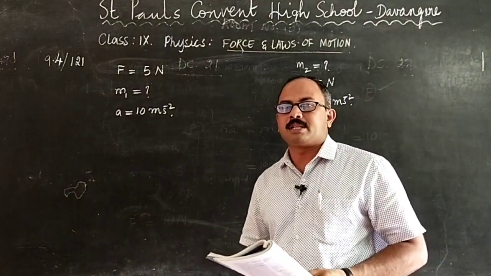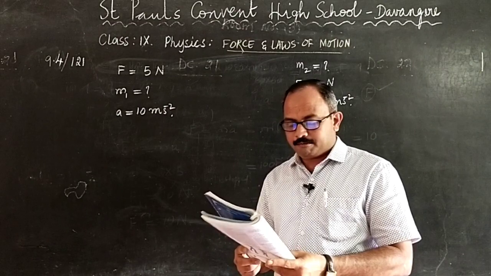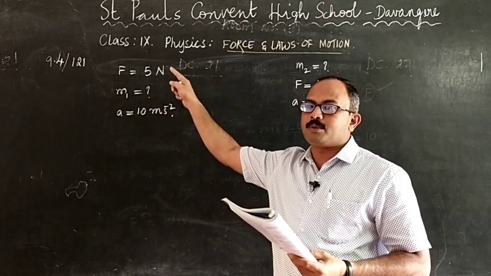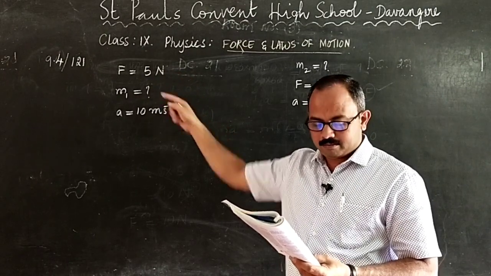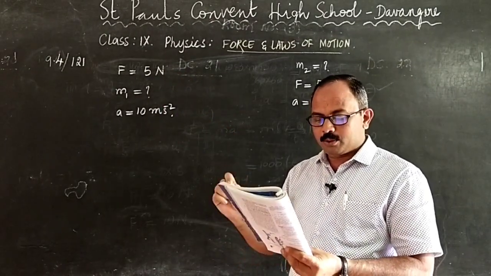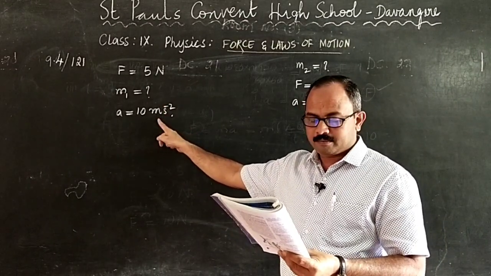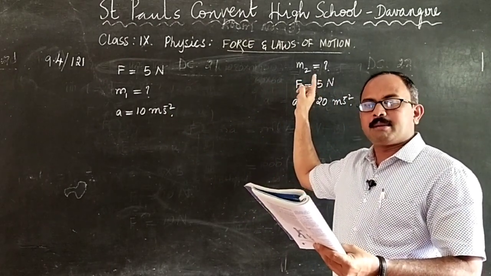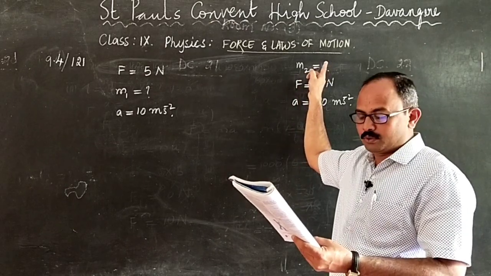Consider this, children. Example 9.4. A force of 5 Newton is applied on an object of mass m1, which produces acceleration of about 10 meter per second square, and on another object of mass m2.